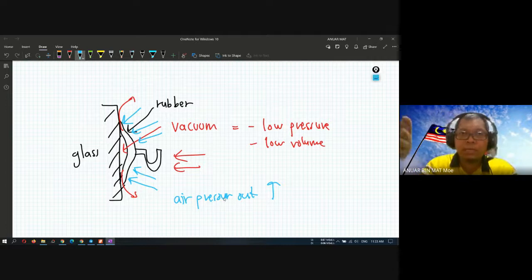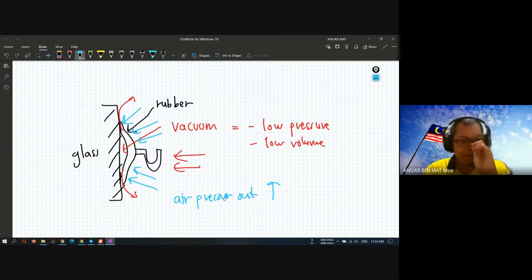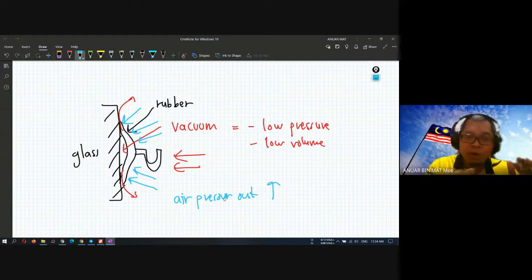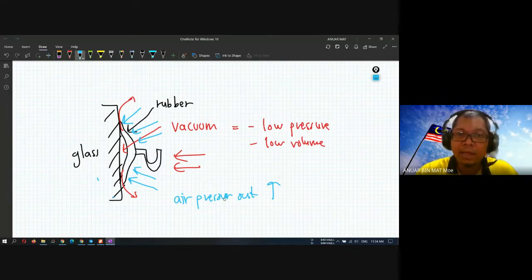If you try to remove the suction cup from the glass, for example, is it easier or harder? It will become a little bit harder, because outside air pressure is higher and inside the suction cup the air pressure is lower, or sometimes it becomes vacuum. So it will stick to the glass, to the wall.